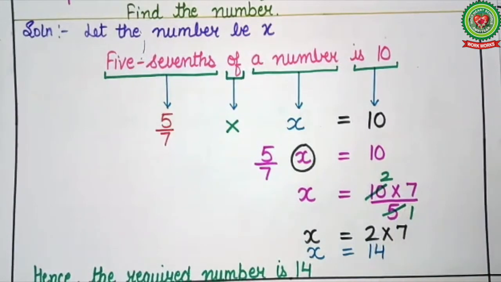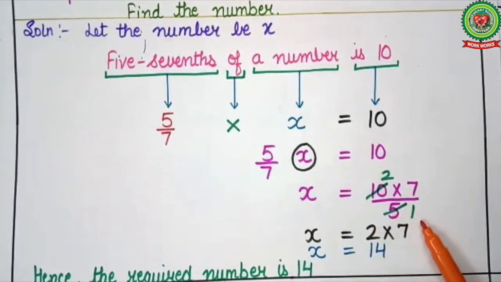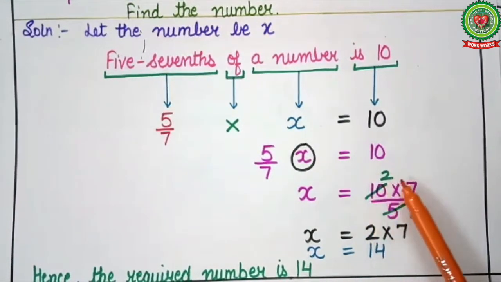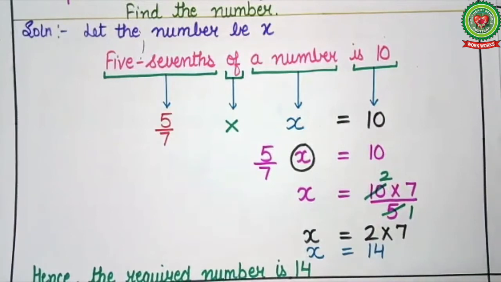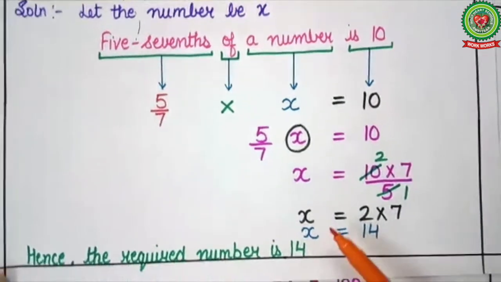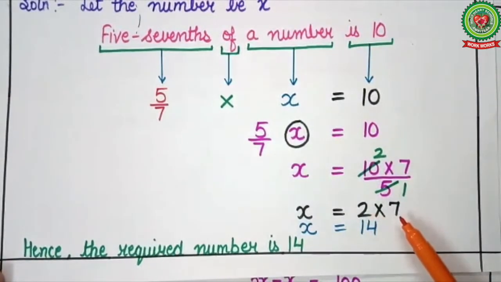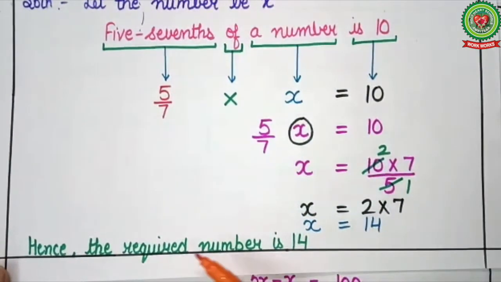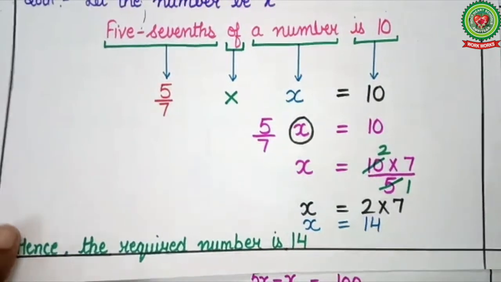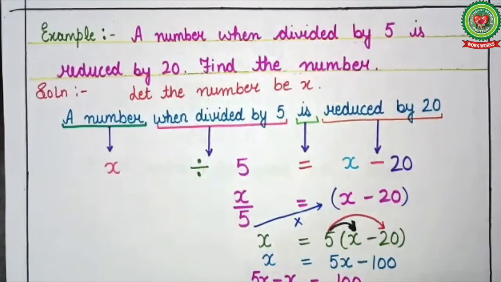Now we know what we have to do. Cutting. So here 5 ones are 5, 5 twos are 10. So here we are left with x equals to 2 multiply 7. Hence the required number is 14. So let's see the next example.